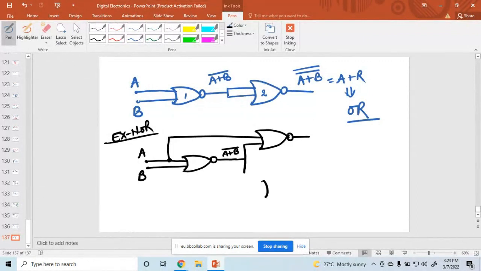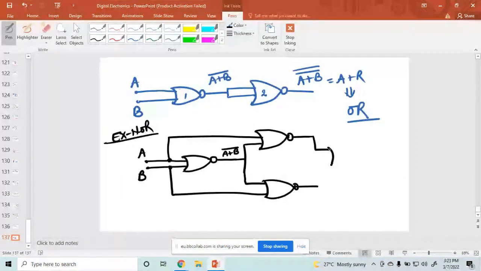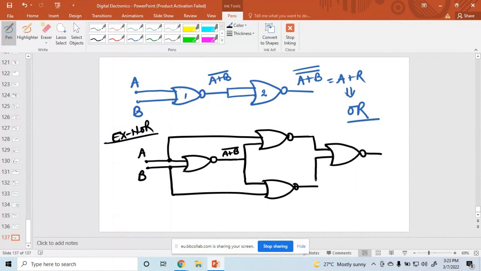Similarly, here you connect one NOR gate, with this one as the input and another input B. And then here you connect one NOR gate. So the final output is XNOR.